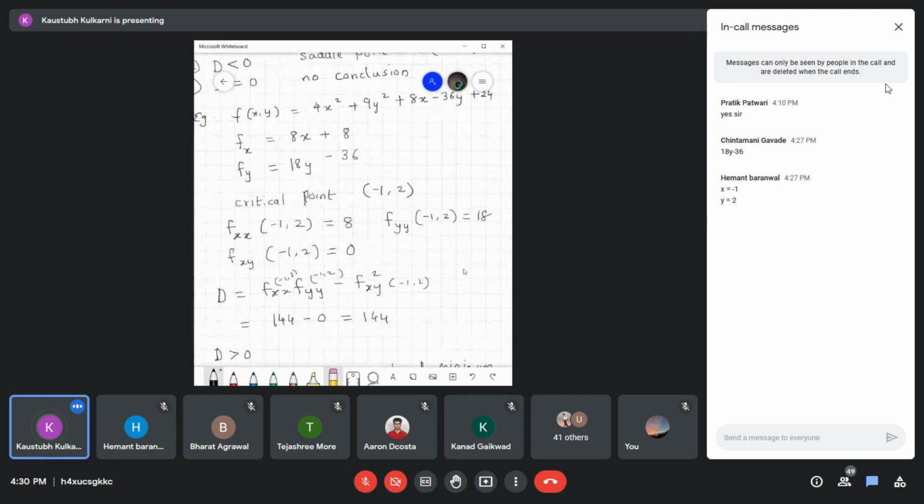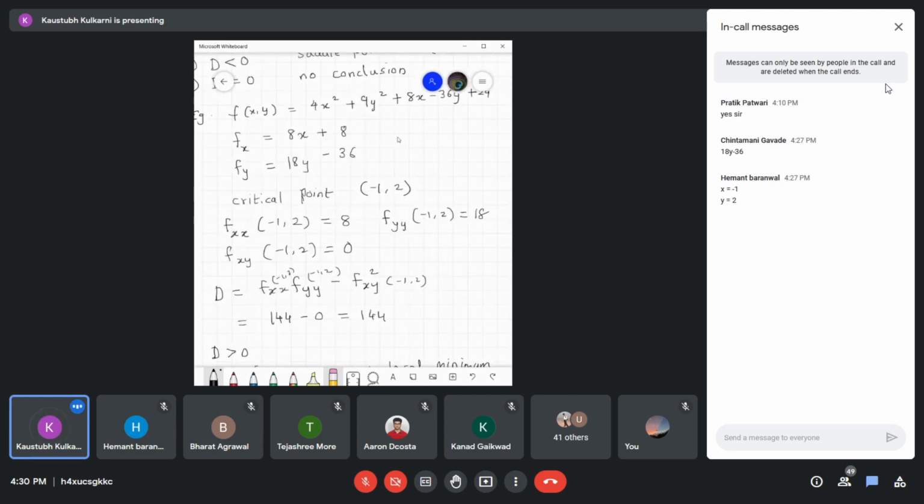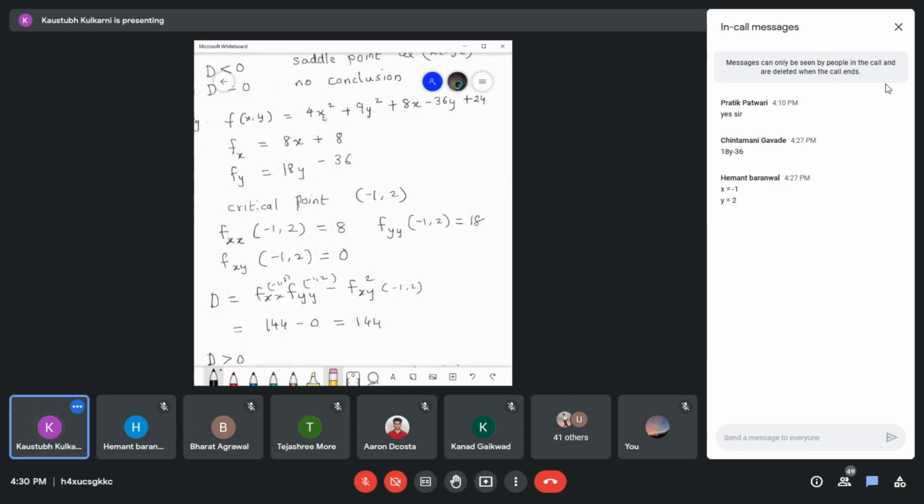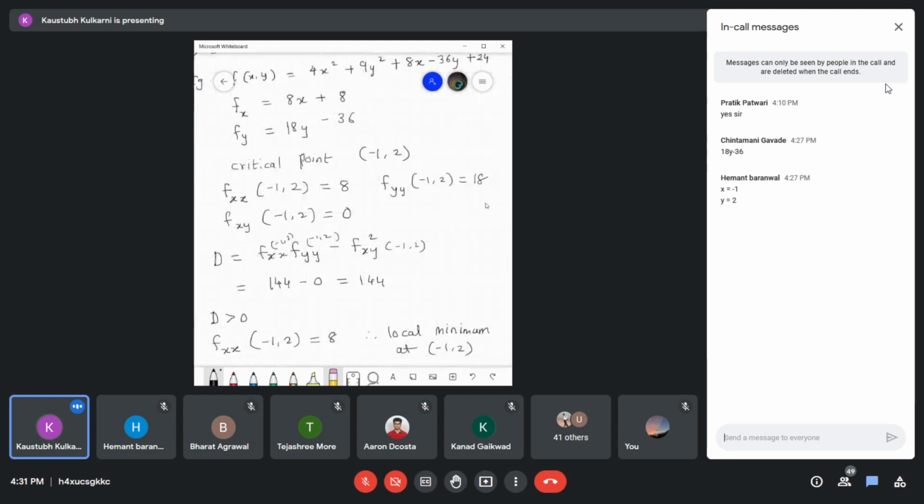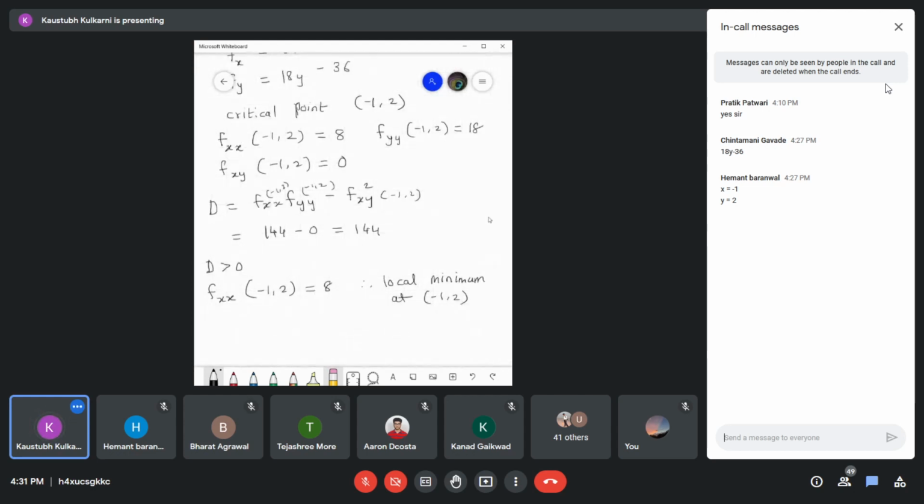You substitute x is minus 1 and y is 2, so it will be 4 plus 36, 40 minus 8, 32, minus 36 times 2 is 72... so 32 minus 72 plus 24 is minus 16, equal to minus 16.